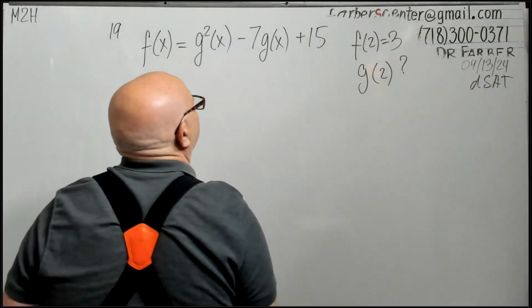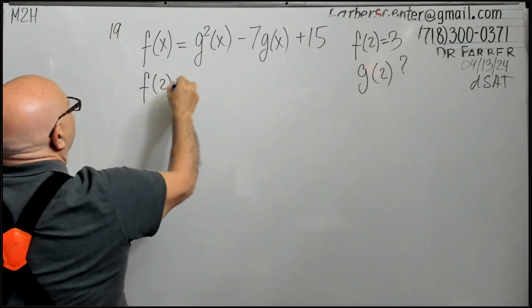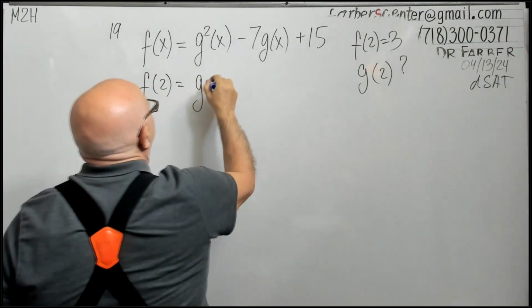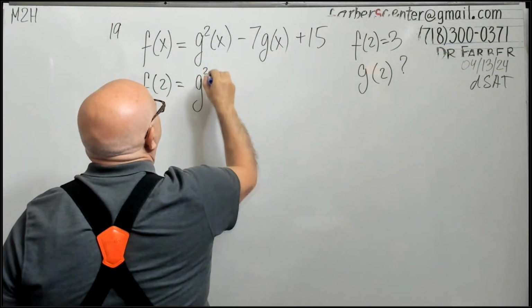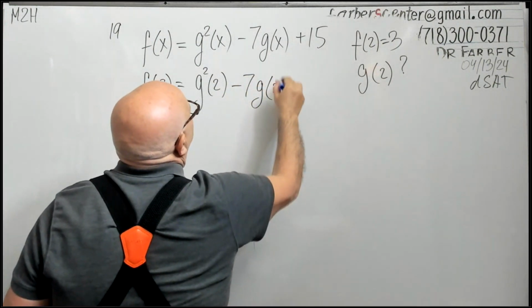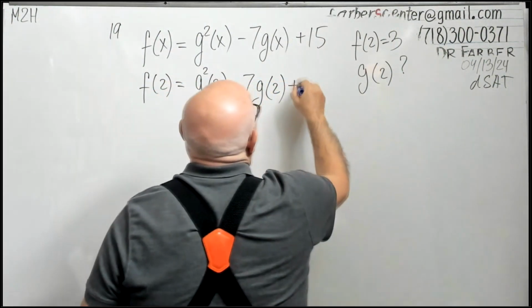So if f of 2 equals 3, just plug in. It would be g of 2 to the second minus 7g of 2 plus 15.